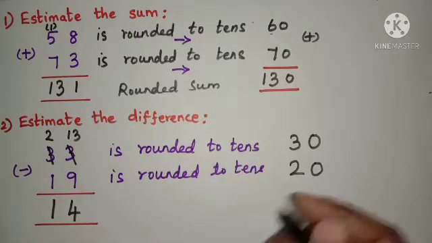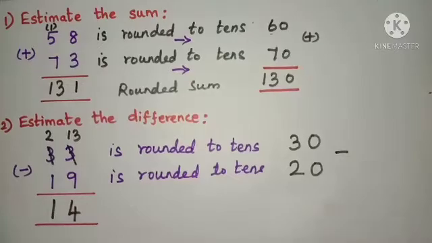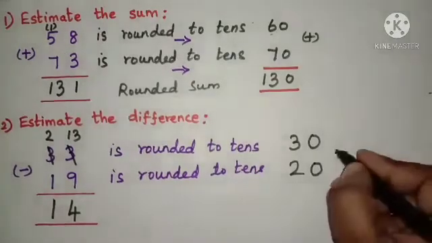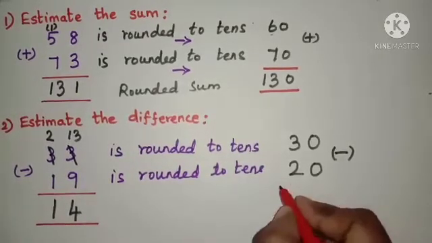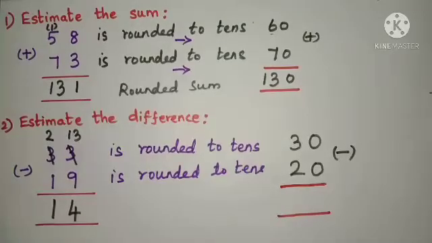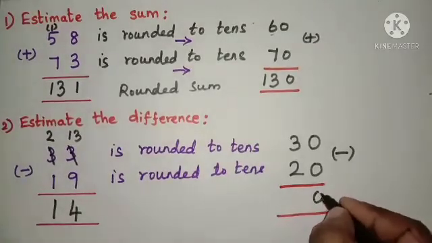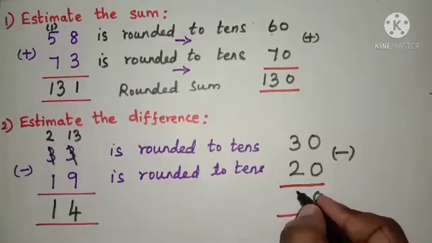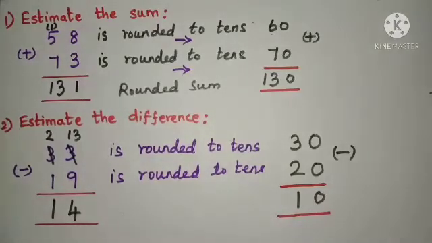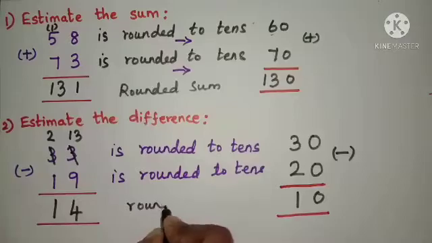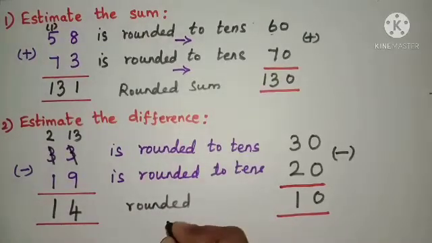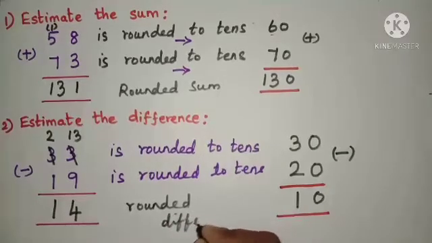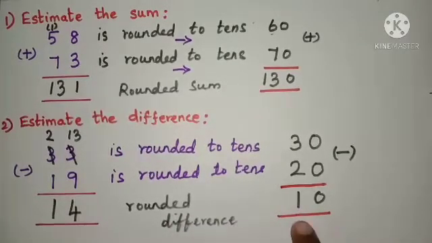Now students, here we need to take the difference of the estimated values. We know that 30 minus 20 is 0. 3 minus 2 is 1. 10. Here 14 is the actual difference and the rounded difference is 10.